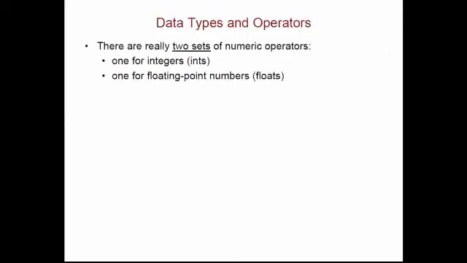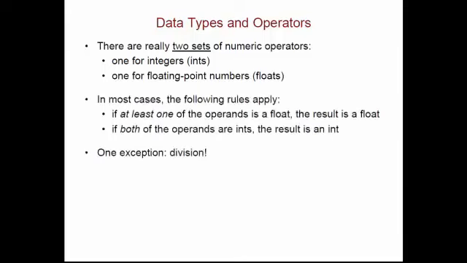So there are really 2 sets of numeric operators, one for integers, or ints, and one for floating point numbers, or floats. And the way that Python determines which operator to use is based on these rules. If at least one of the operands is a float, the result will be a float because we're using the float operator.